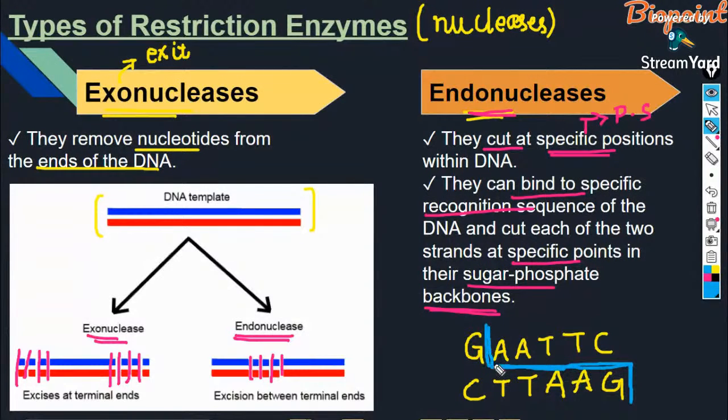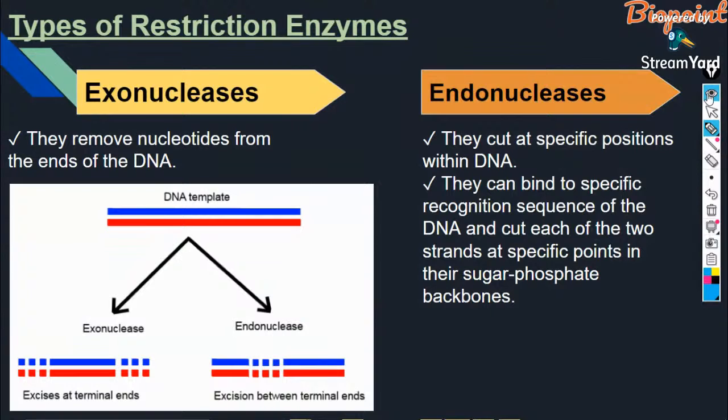It cuts the DNA at one particular point in the sugar phosphate backbone. Clear? So that it leads to the production of sticky ends. In between only they will cut, instead of cutting the DNA at the end to produce blunt end fragments.